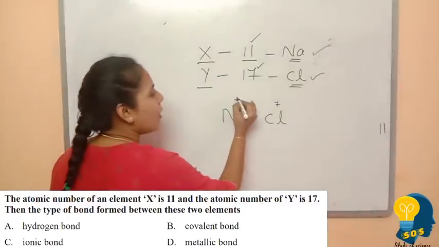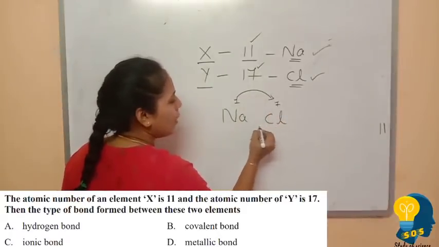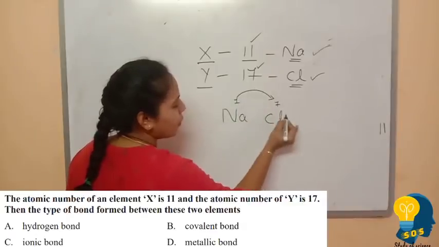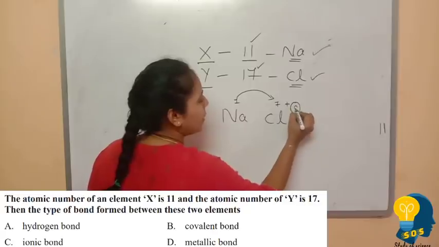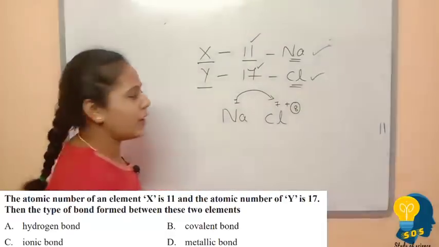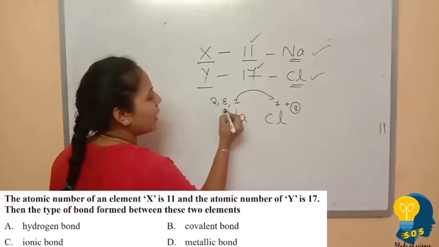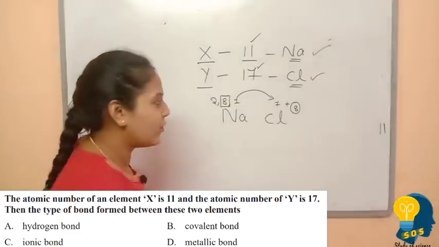So here sodium donates 1 electron and thereby chlorine, what it will do? It will receive the electron. So sodium is donating 1 electron, thereby chlorine will receive and thereby it will satisfy its octet configuration. And sodium also, it is 2, 8, 1, right? So by donating, it will also satisfy its octet configuration.